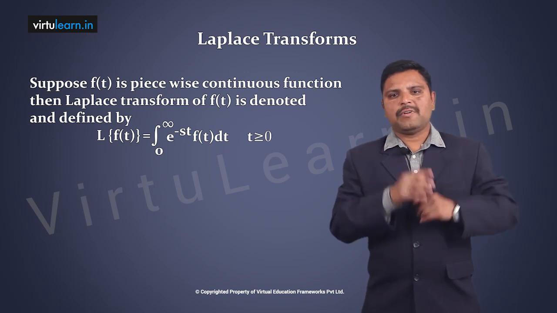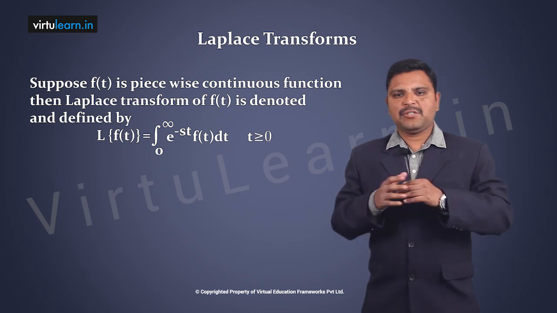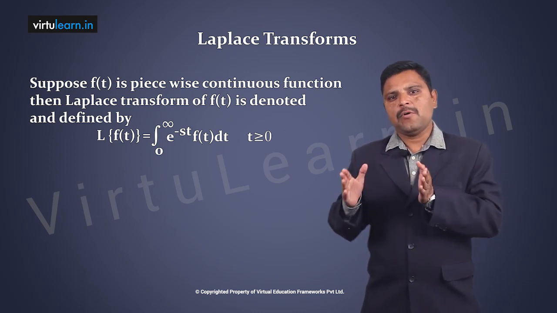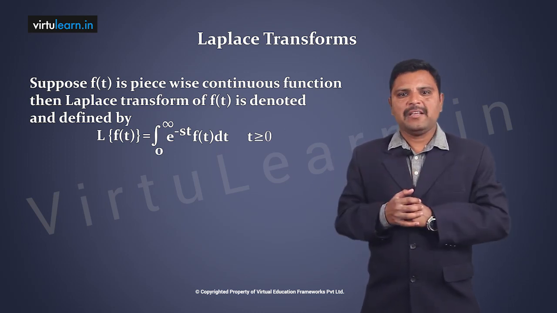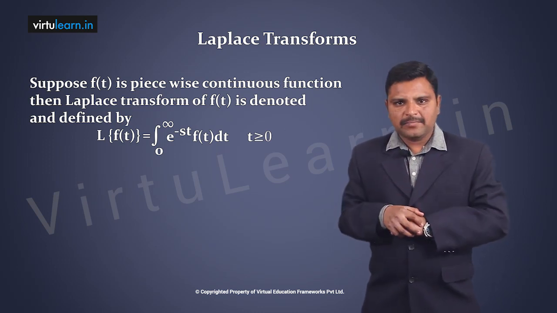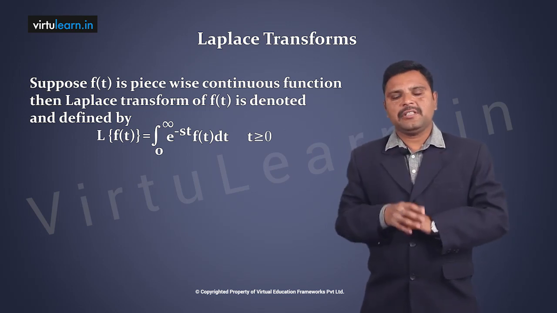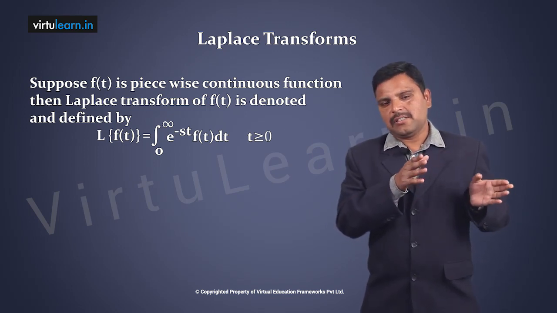I used the term piecewise continuous function. It means that if you have an interval a comma b, you take some sub-intervals of that interval, and in each sub-interval f of t is continuous. This is piecewise continuous.